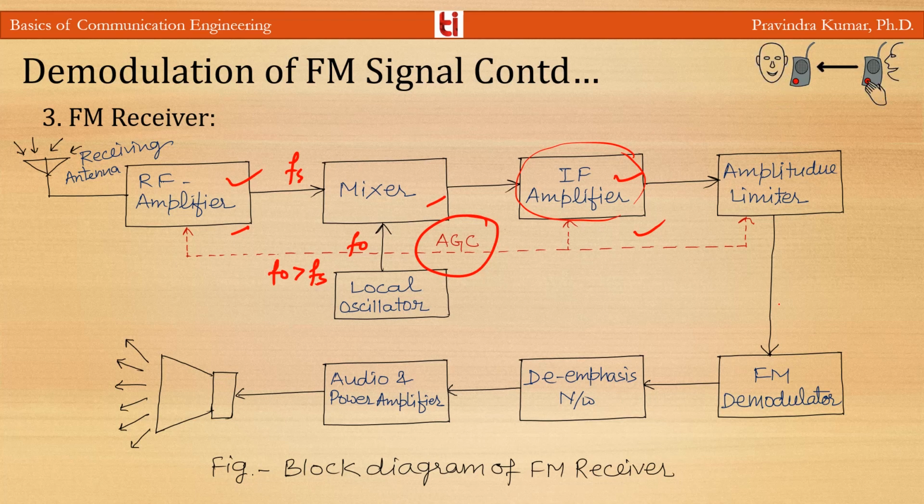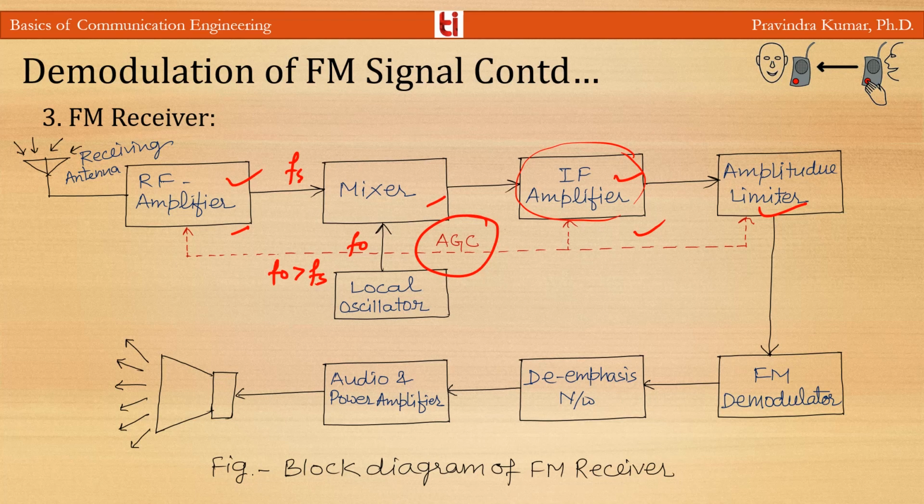Now next is the amplitude limiter. The FM wave transmitted by the transmitter has a constant amplitude, but while traveling, noise and other unwanted signals get added to it and change its amplitude. These unwanted amplitude changes in the received FM signal must be removed before the signal goes for demodulation, otherwise distortion appears in the demodulated signal.